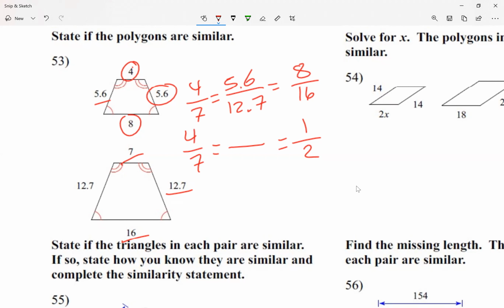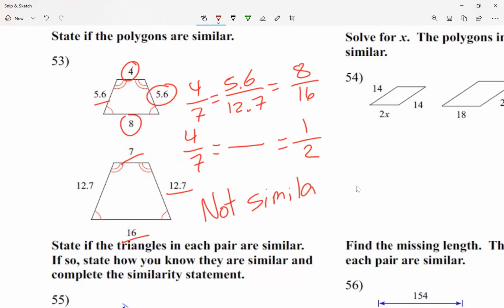I don't want to work with the middle fraction unless I have to. The two fractions that I have, 4 over 7 and 1/2, are not the same fraction. So I already have two fractions that did not simplify to the same thing. Therefore, my polygons are not similar.